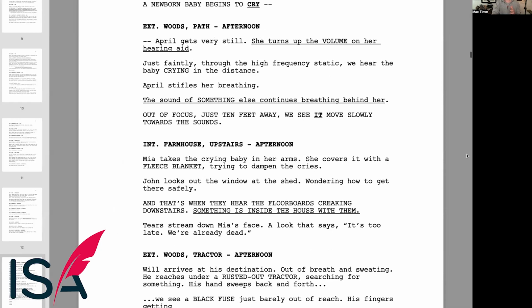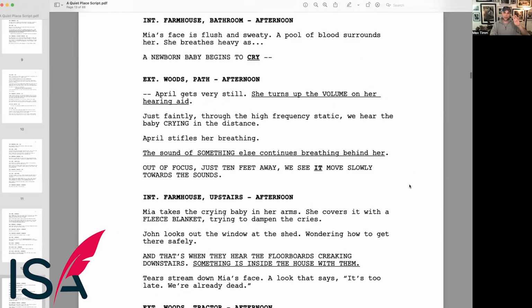It was virtually a dialogue-less script. The reason why I like to share it, though, is because there's very little, if no, dialogue throughout the whole script, and yet the page is still very clean. They do use a lot of the nuanced moves that writers can use: capitalizing words, bolding words like cry.